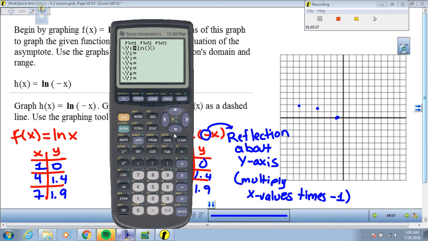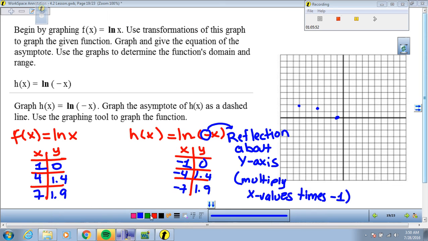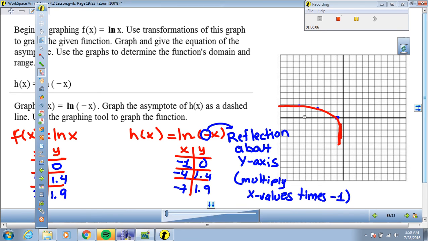When we graph the other one, ln of -x. See, there it is. That's the reflection. So ours is more or less like this. Yeah, I messed up that part. As always, I messed up something.